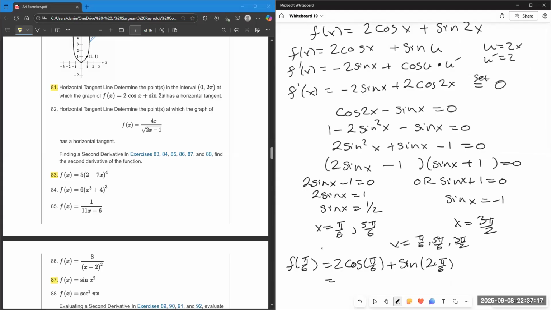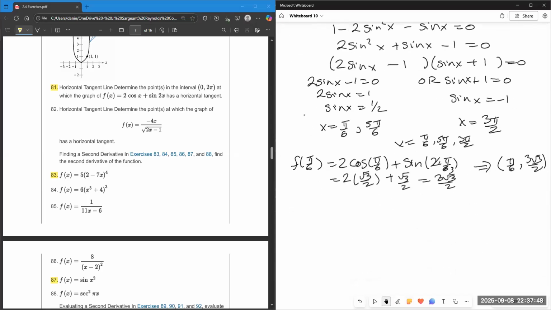Cosine of pi over 6 is √3 over 2, plus sine of pi over 3 is also √3 over 2. So that is 2 plus 1 is 3 √3 over 2, giving me a point here of pi over 6, 3 √3 over 2 for one of my horizontal tangents.